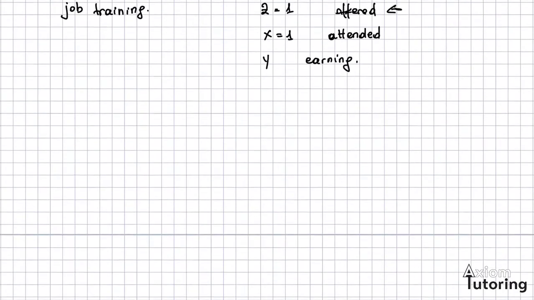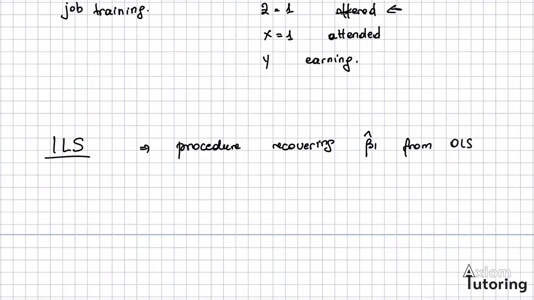And ultimately, the last element that we need to quickly recover is the ILS, indirect least squares. Keep in mind, this is the procedure recovering beta 1 hat from OLS regressions, okay? As you remember, the beta IV is gamma 1 over theta 1.